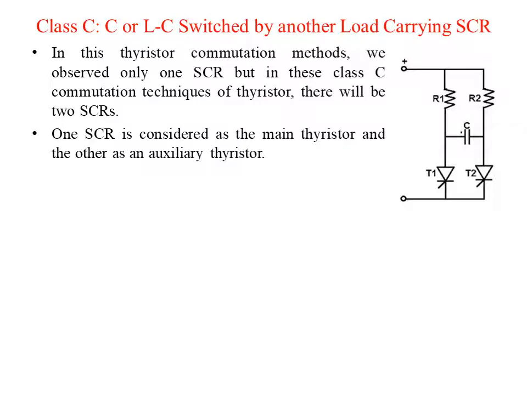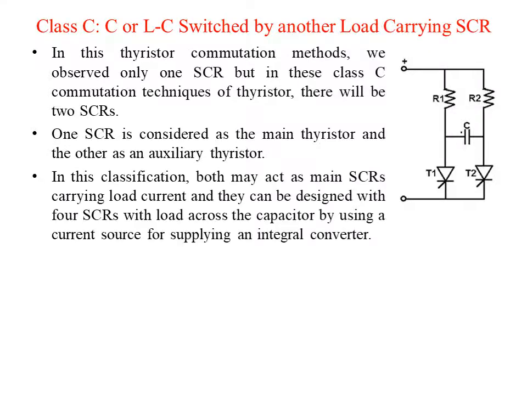One SCR is considered the main thyristor and the other the auxiliary thyristor, T1 and T2. In this classification, both may act as main SCRs carrying load current, and they can be designed with 4 SCRs with the load across the capacitor, using a current source for supplying an integral converter.